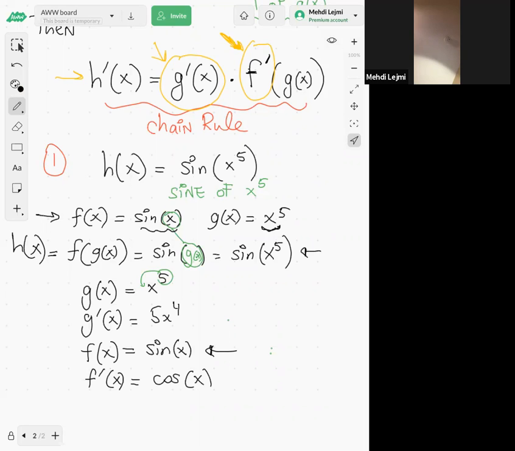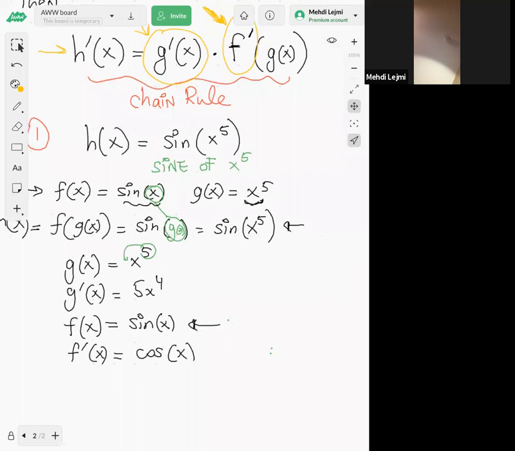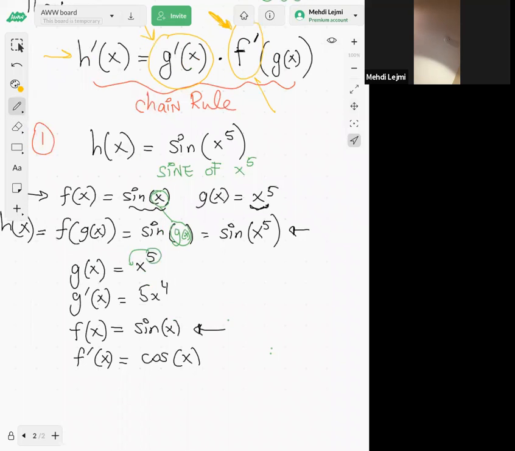Now, if you look at the chain rule, it's not f prime of x. It's f prime of g, not x. So you need to substitute x by g of x, because we need f prime of g.